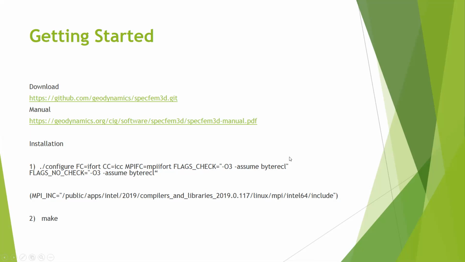An error will show up if I just simply type this command, because maybe the HPC can't find the include directory of ifort. So I modified this file and passed the directory of this include folder into it, and then it will generate the makefile, and then you can type make to install this code.